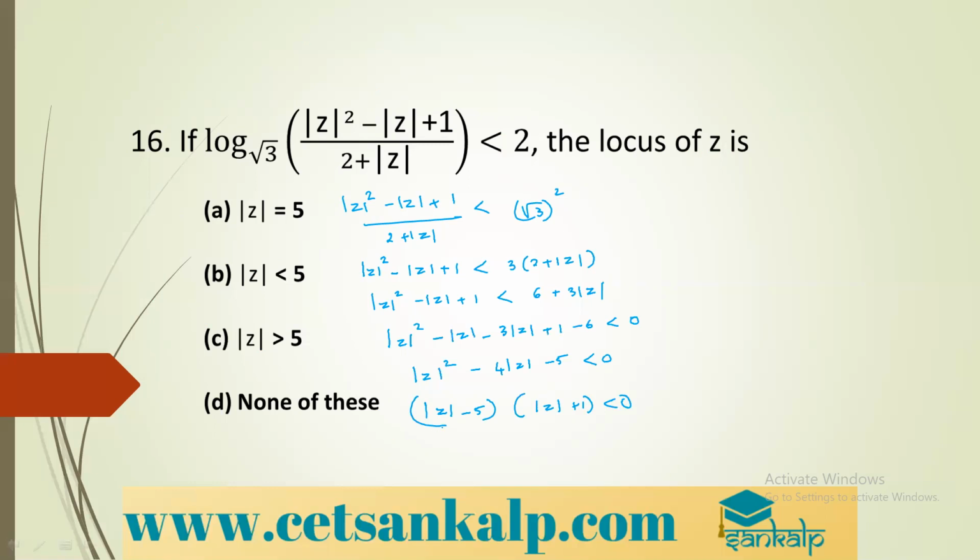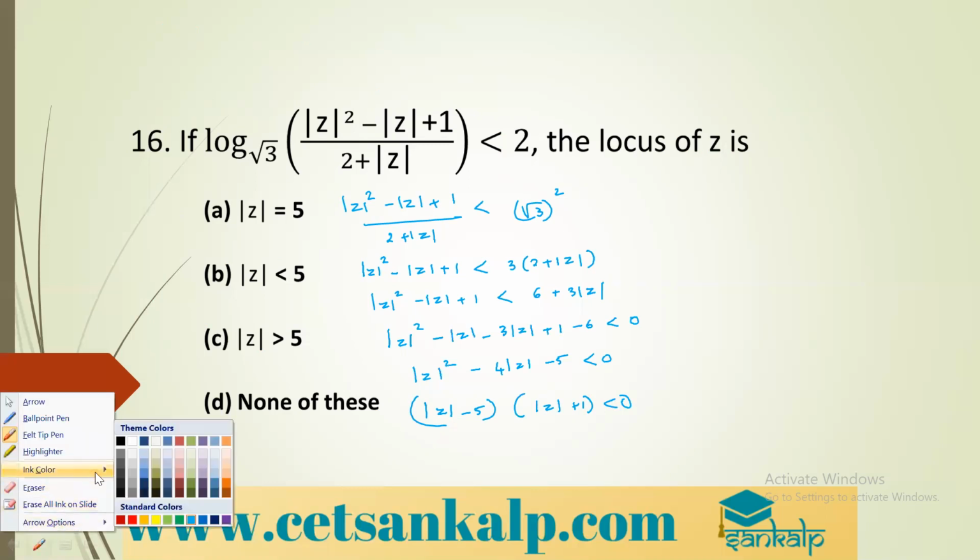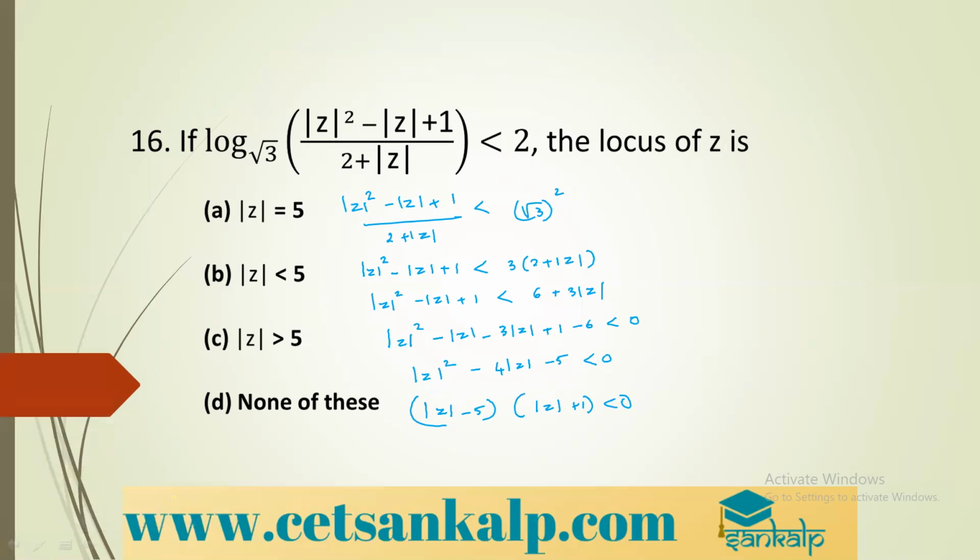So, because it has to be less than 0 on the whole, suppose I have, instead of modulus of z, I will take like this. Easy one. Suppose I have x minus 5 into x plus 1 less than 0. How will I decide? I will draw a number line. I will draw minus 1 here. I will draw 5 here.